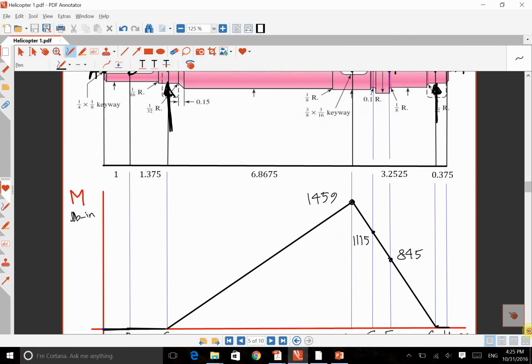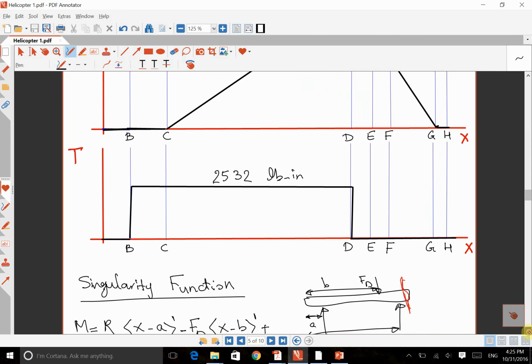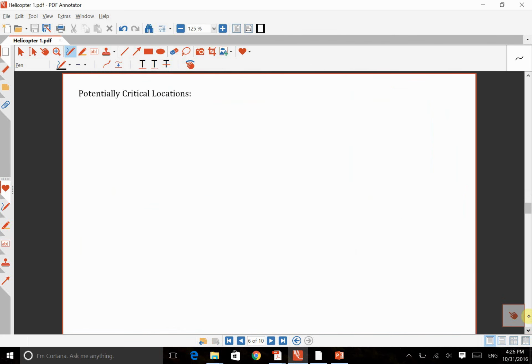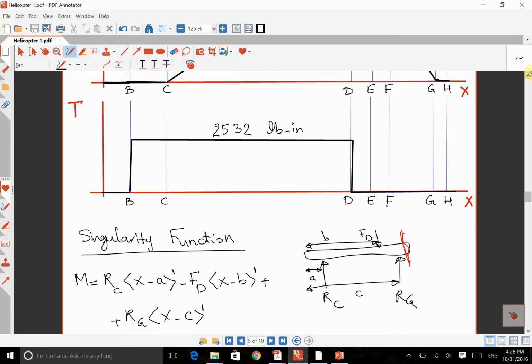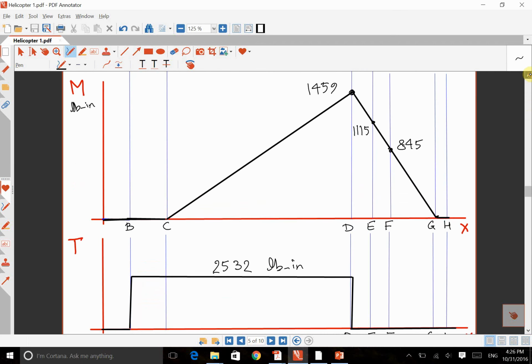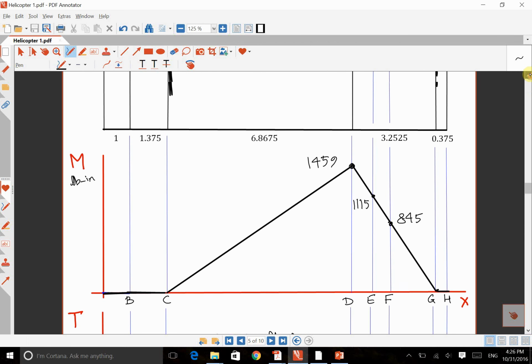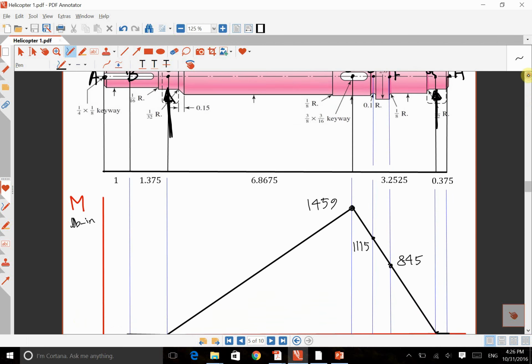Once we got the reaction forces, we used the singularity function and wrote the equation for the moment for the shaft, and then we plotted the moment diagram of this shaft. And as you see here, from point A to point C there is no moment.